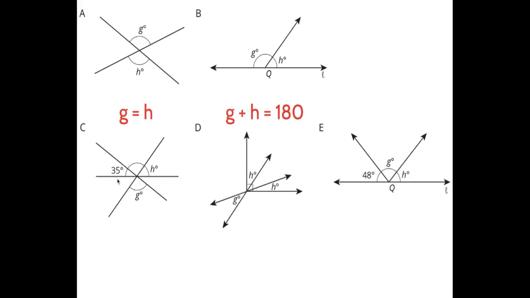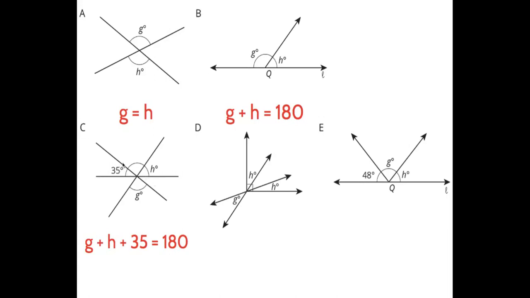Okay? Looking at this situation here. Now, in this situation, you're going to see that there's a lot going on. Okay? But we can use our understanding of at least 2 of these relationships to get the answer. We can conclude that G plus H plus 35 equals 180. Well, this seems confusing, except we account for that this 35-degree angle here is vertical to this angle here.